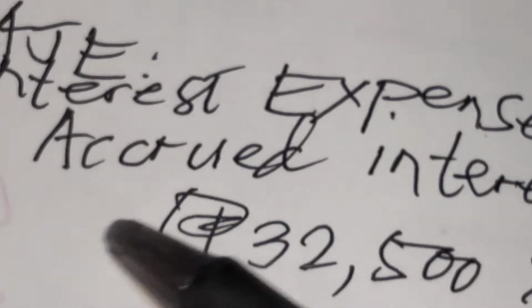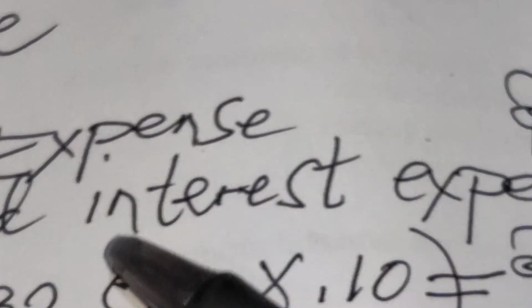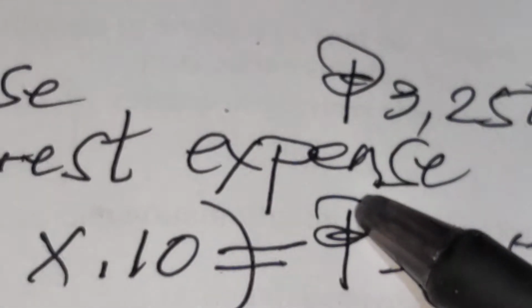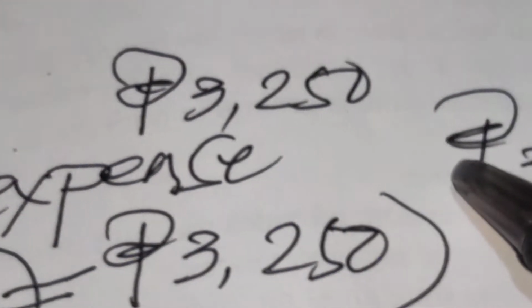You debit interest expense 3,250, recognizing that it has accrued, and you credit accrued interest expense 3,250.